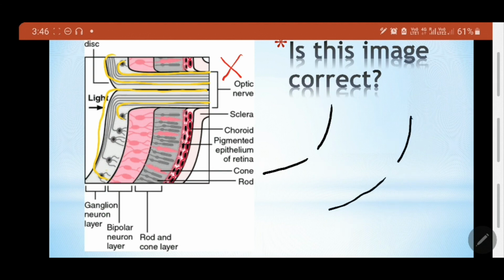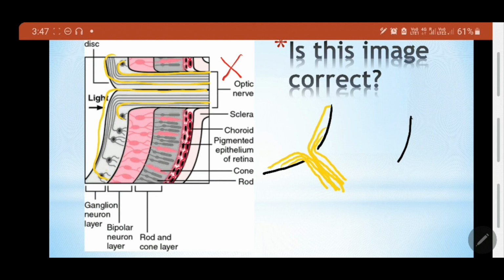So this is the blind spot in the two diagrams, and as I was telling you, according to this diagram, they've shown that the fibers from the center are passing out like this, and the peripheral fibers are passing out like this, and even the more peripheral fibers are going down to the center of the optic nerve, emerging in the center, which is not happening in real sense.